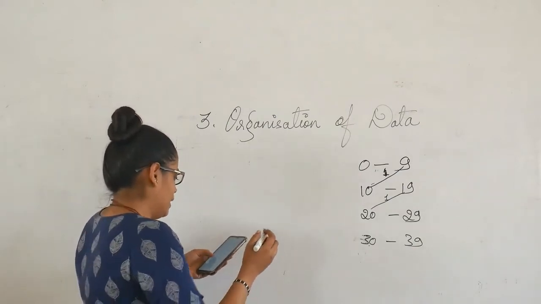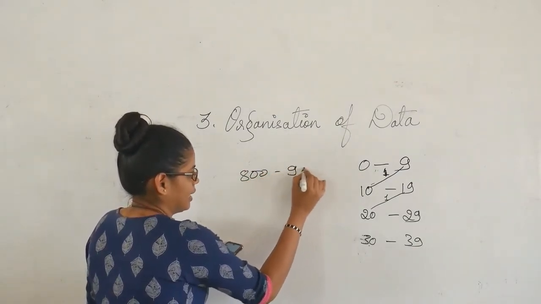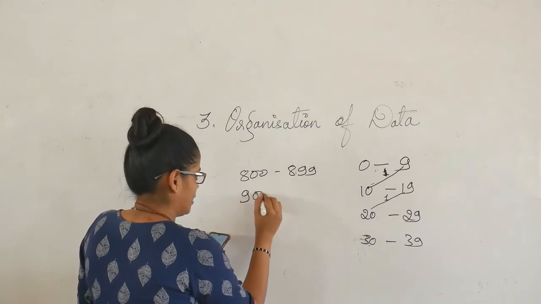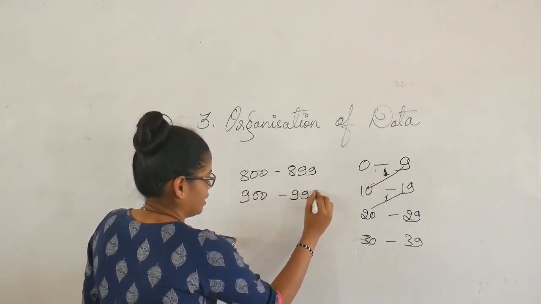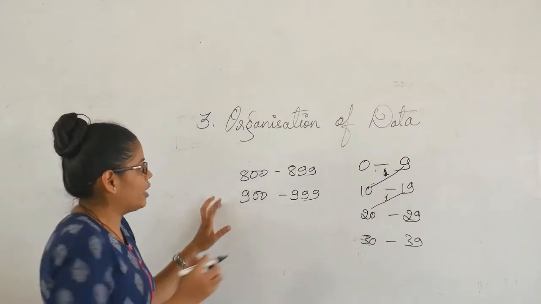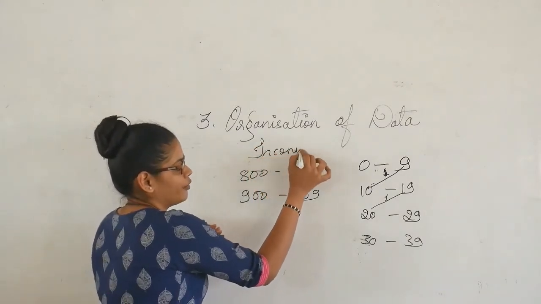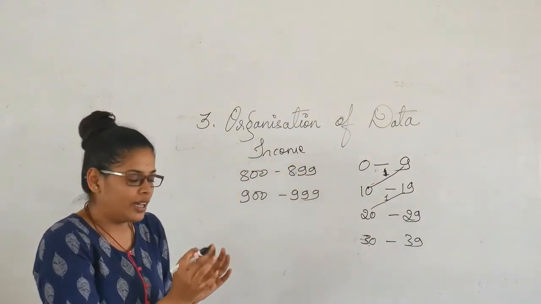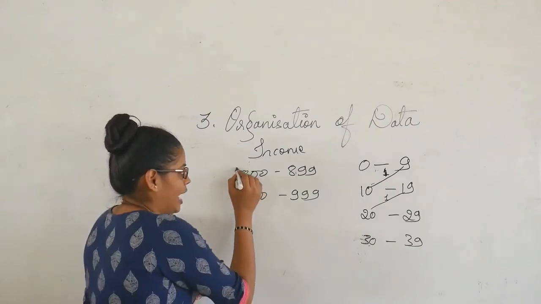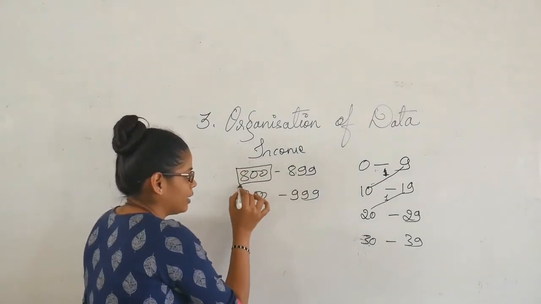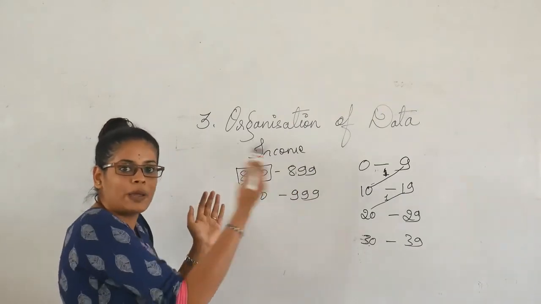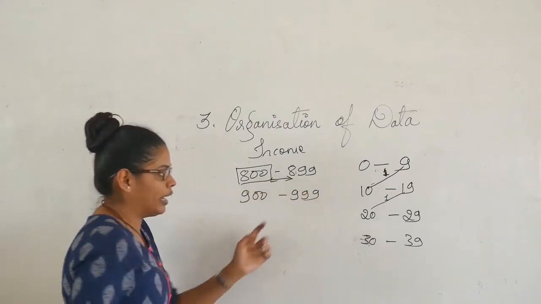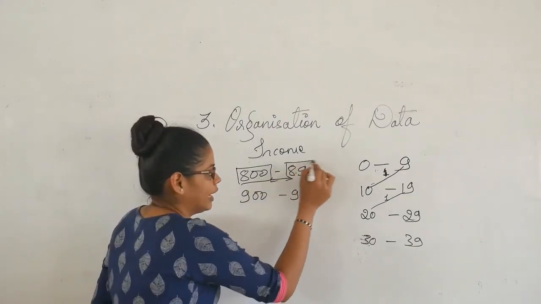For example, let's say 800 to 899 and 900 to 999. If this is the data of people where I want to understand the income of that group of people, their income might be 800 also, maybe between 800 and 899, and also 899.